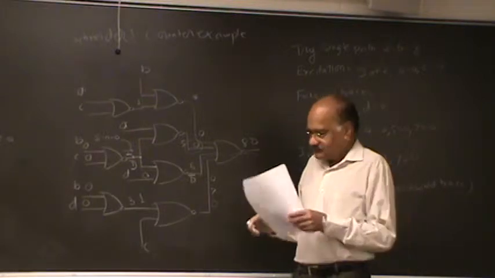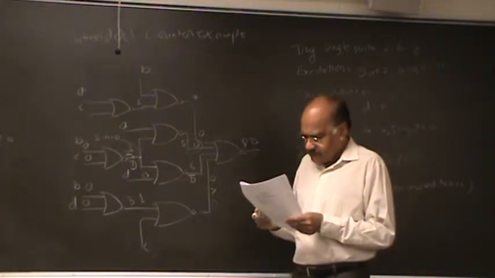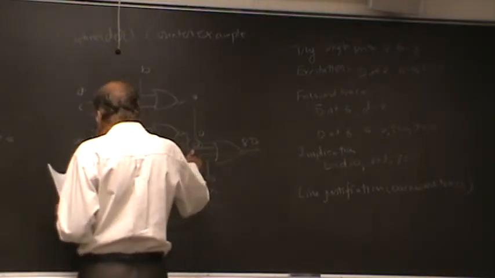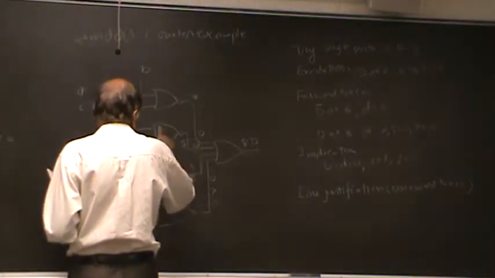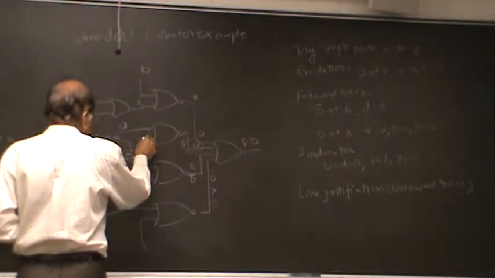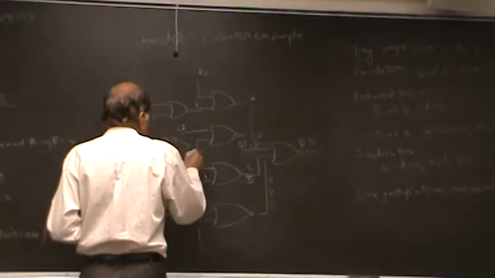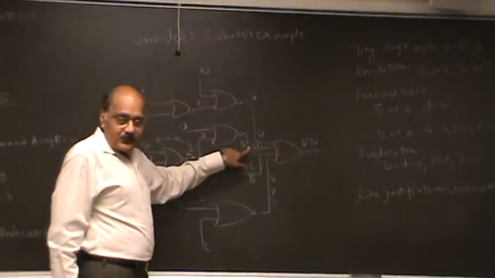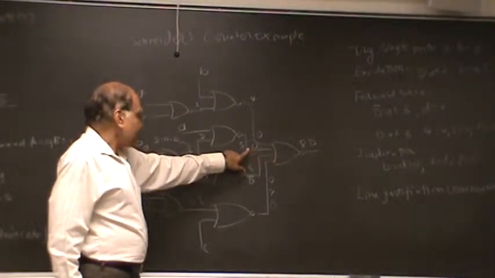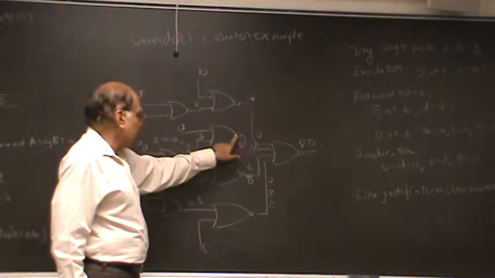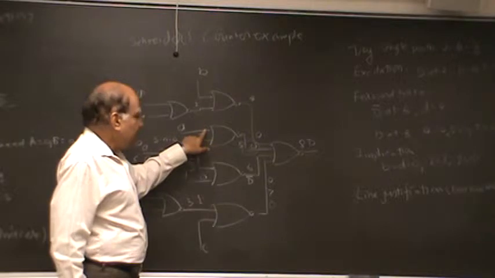Now let's see, we need this equal to 0, and that means, okay, what do we have at this line? We have a t, right? Now in order for us to have a 0 here, we need a 1 here, so we need a to be 1.